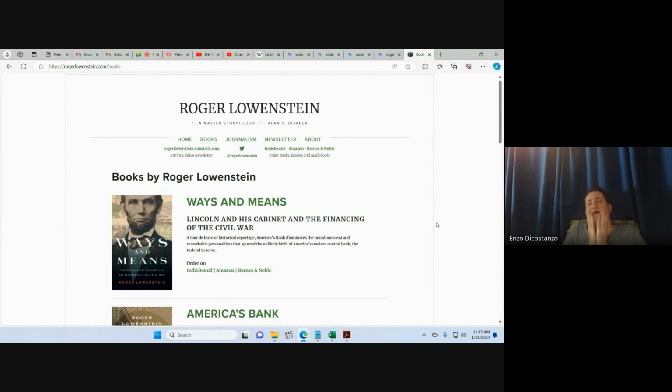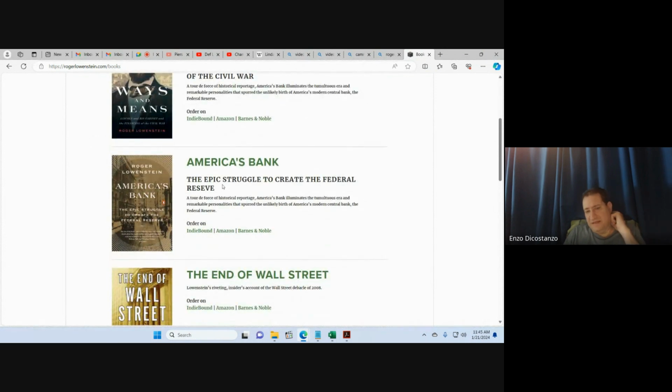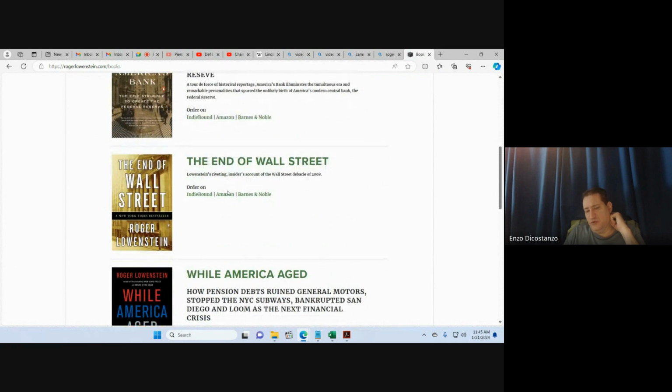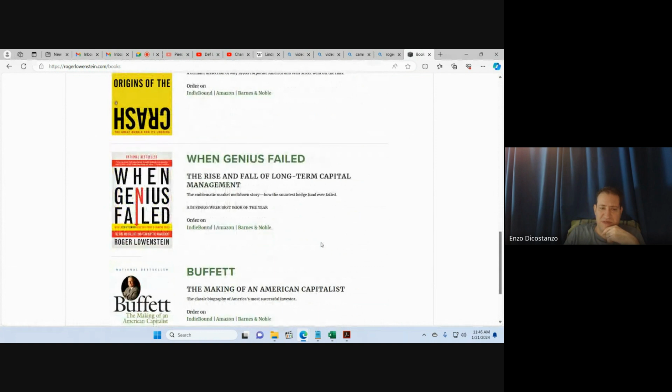He went to Cornell, and now I think he's on a board somewhere of a fund, and that pays him enough, I suppose, to not write for the Journal anymore. And this is funding the Civil War. This is about the central bank. This is about Wall Street culture, pensions, the 99-2000 bubble, just before September 11.